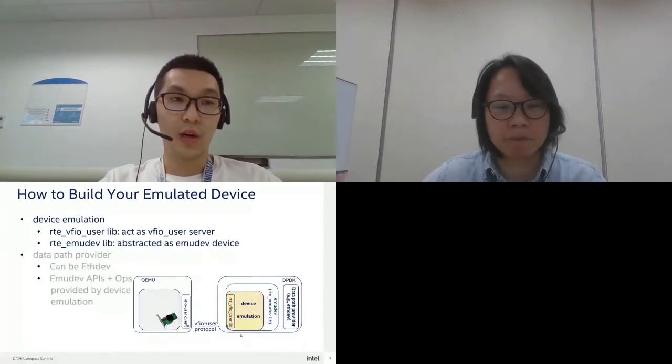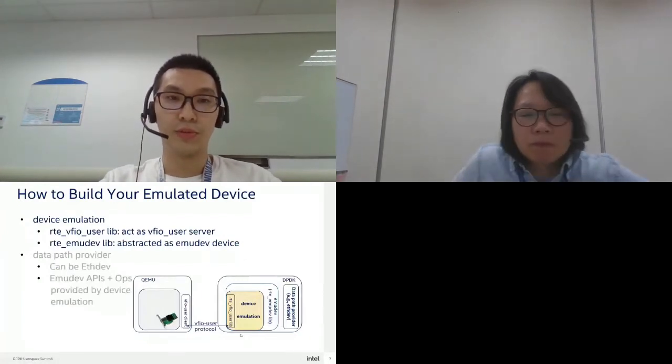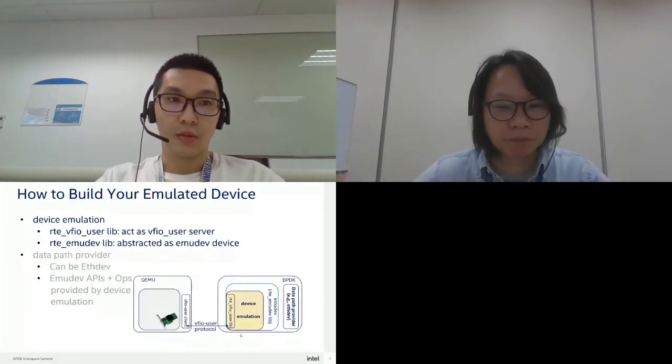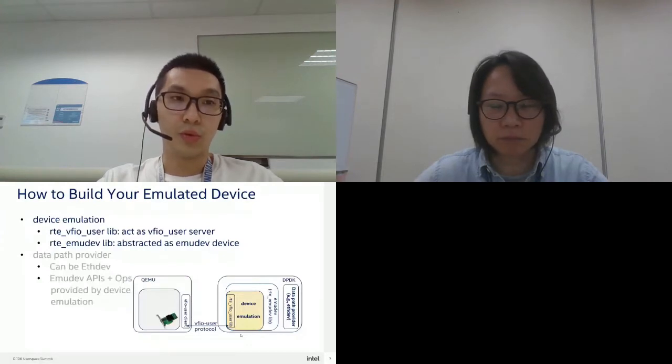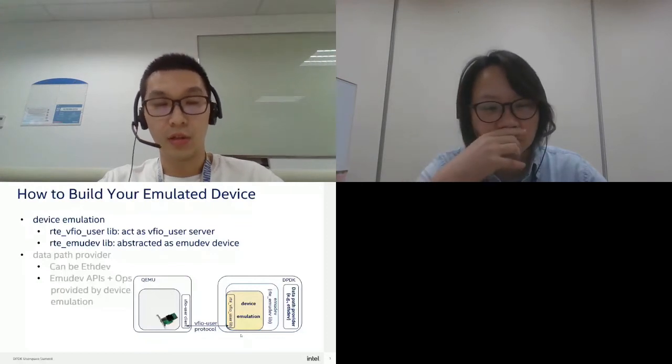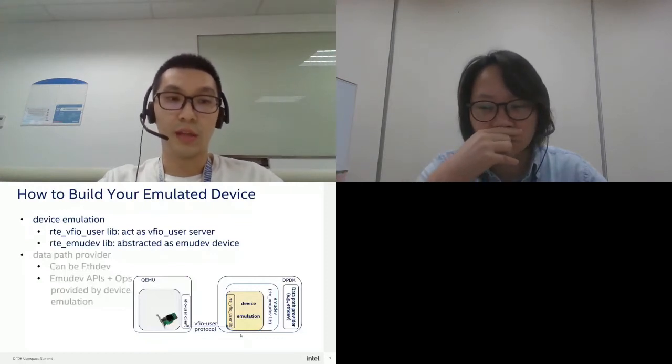Yeah, for now, I will show you guys how to build your emulated device. To build your own emulated device, you have to build up two main components here. The first component is device emulation, and the second component is data path provider.